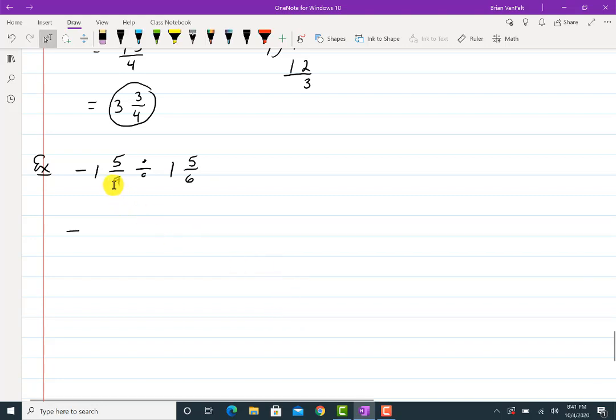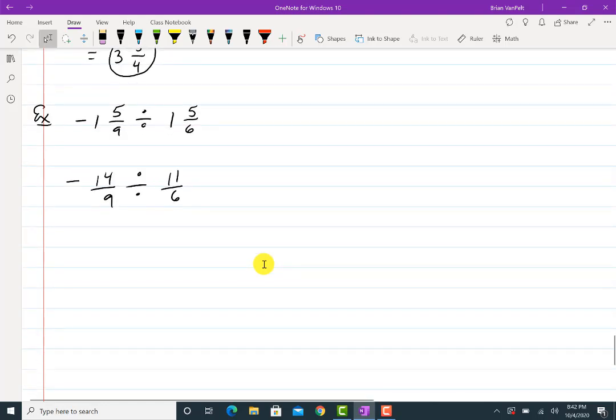Let me change everything to fractions. 1 times 9 is 9, plus 5 more is 14. So I get 14 over 9 divided by 1 times 6 is 6, plus 5 more is 11. And then let me turn the second fraction upside down.